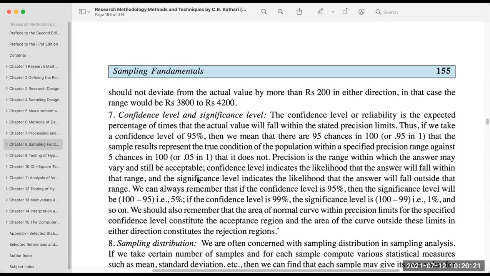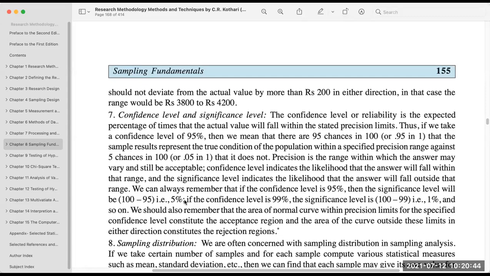Now coming to the significance level. Significance level indicates the likelihood that the answer will fall outside the range. That is just the reverse of the confidence level. Like if the confidence level is 95%, the significance level will be 100 minus 95, that is 5%.